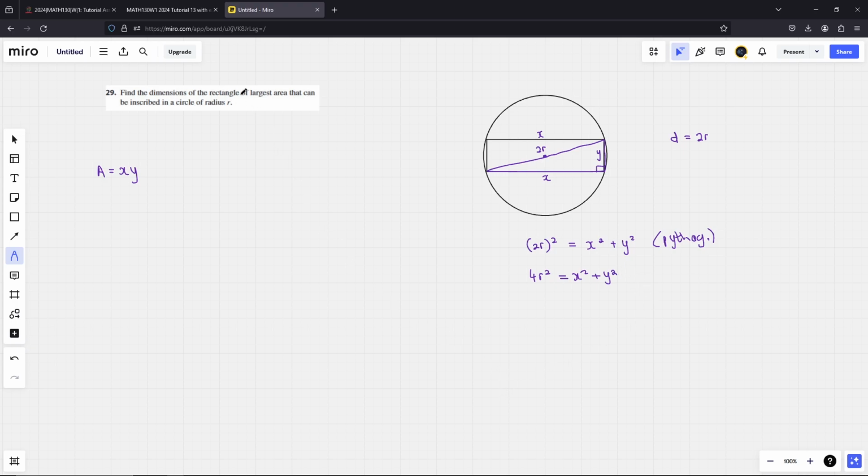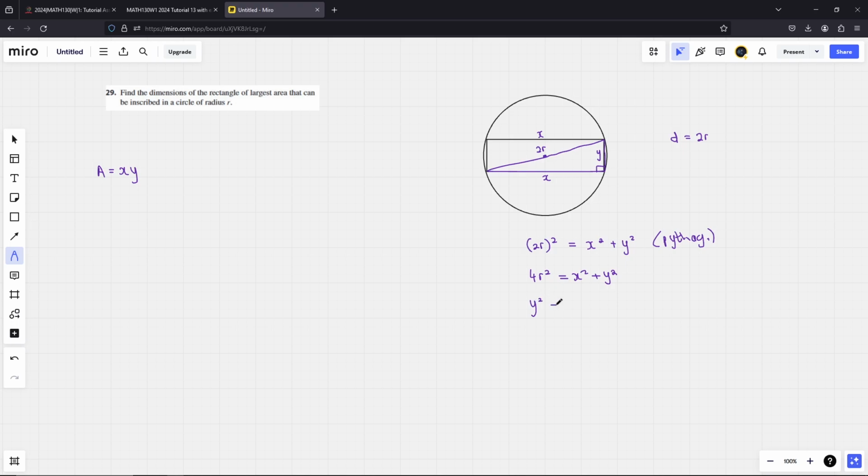Now they tell me that they want us to maximize the area, but this area is in terms of x and y. So now we can choose one variable to solve for. I'm going to choose y so that we can sub in for y and then take the derivative with respect to x.